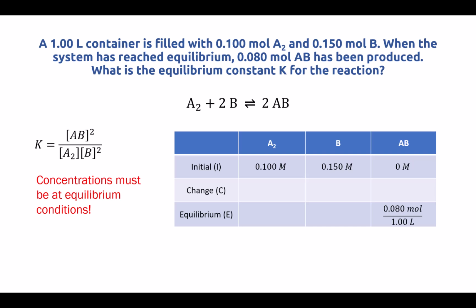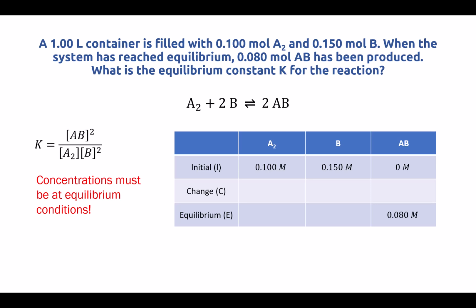Now, I mentioned that we know that at equilibrium, we have 0.08 moles of AB. So that is equal to 0.08 molar because we are in a 1 liter container. Now, what's going to happen as we proceed towards equilibrium is that we have to react our reactants and produce our products in order to reach a balance between products and reactants, giving us our equilibrium constant.